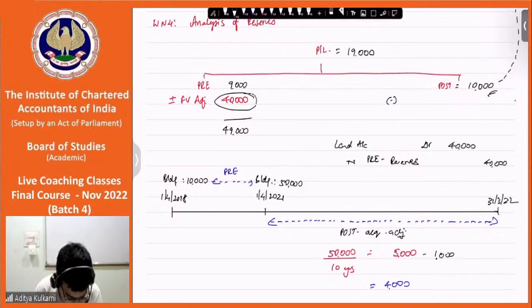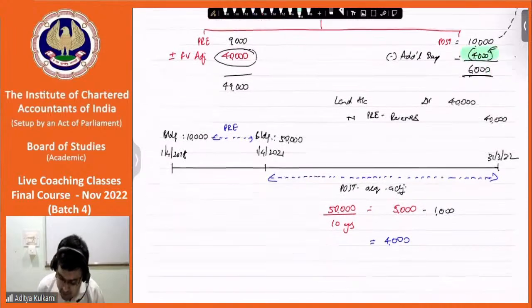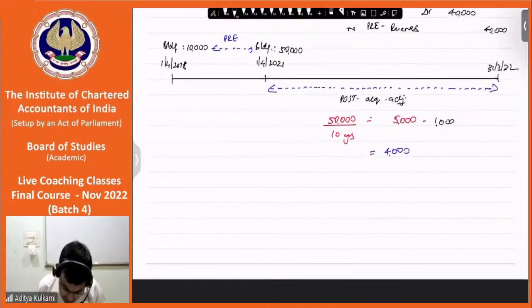Less additional depreciation. How much will it be? This is going to be 4,000. And therefore, this will remain as 6,000. What will be the journal entry for this 4,000? Simple.